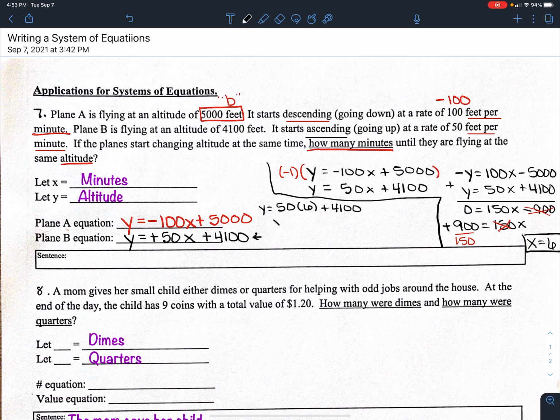So we get y equals 300 plus 4,100. So y equals 4,400. So our answer is in 6 minutes.